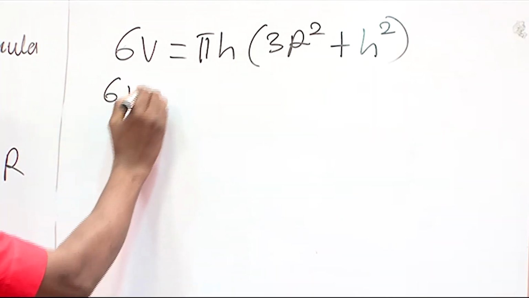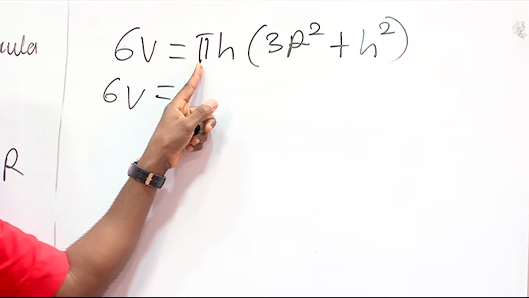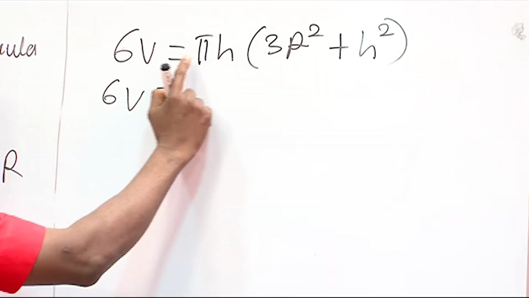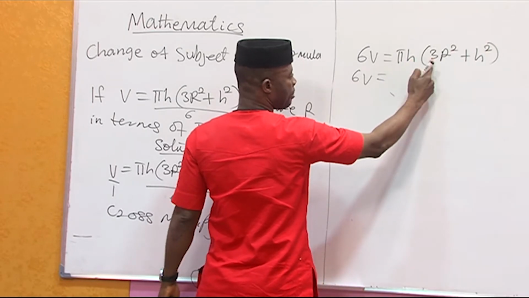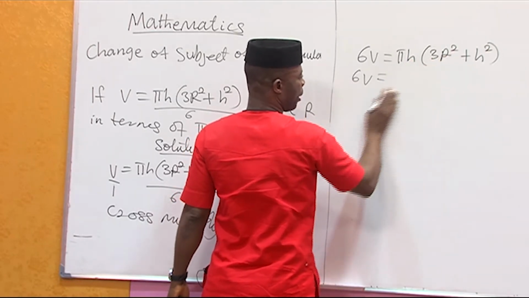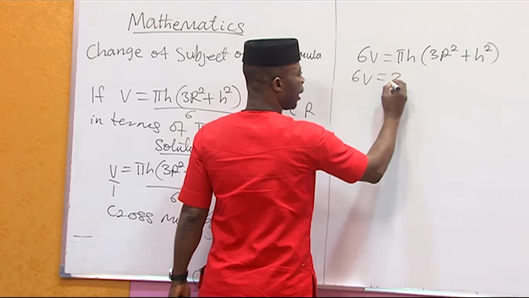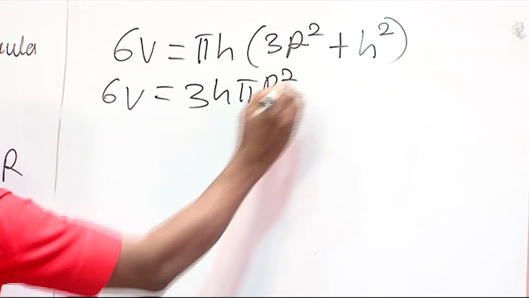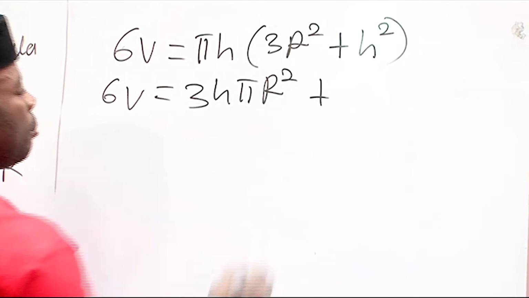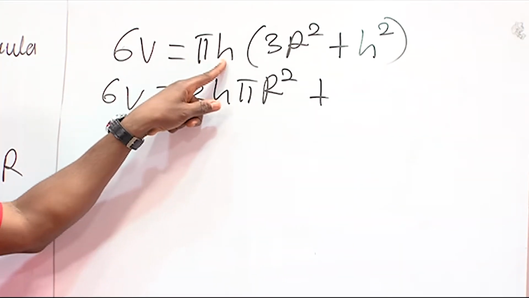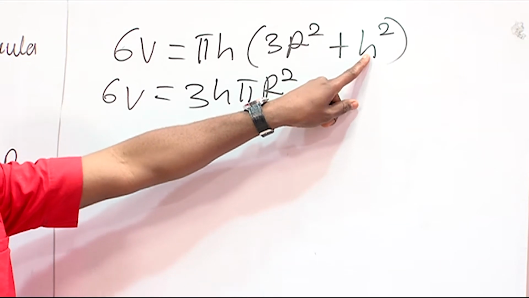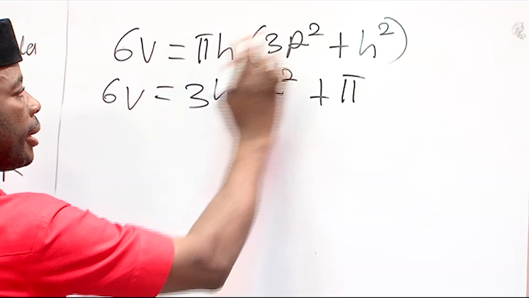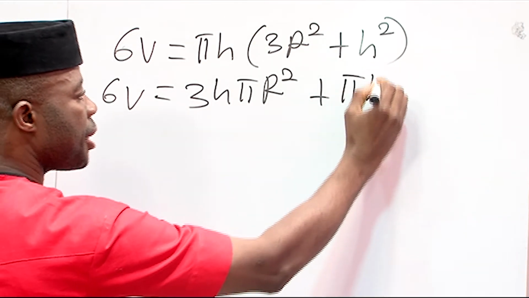Now 6V equals, I use pi h to open the bracket. Pi h times 3 R square, we have 3 h pi R square, plus pi h times h square. We have pi, then h times h square, we have h raised to power 3.